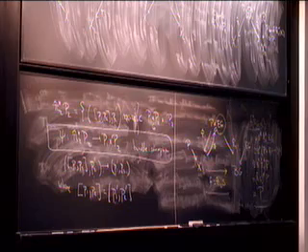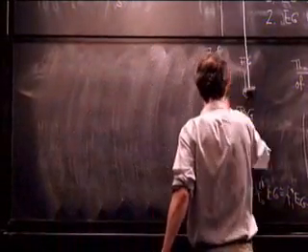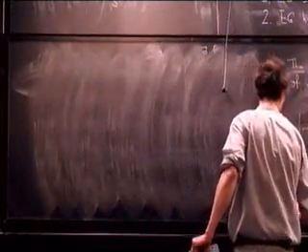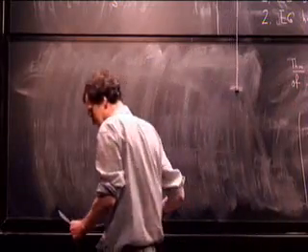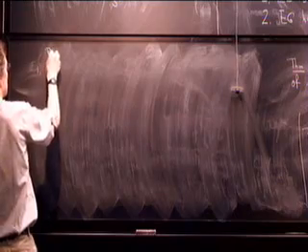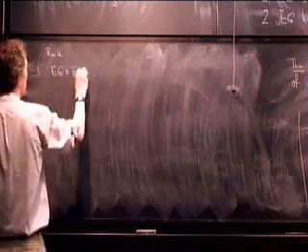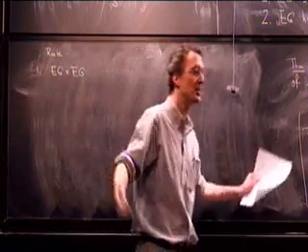Let me make a few remarks. Now, I said that these are the defining properties. But if you take a moment and think about it, of course, if EG has this property, then so does EG times EG.